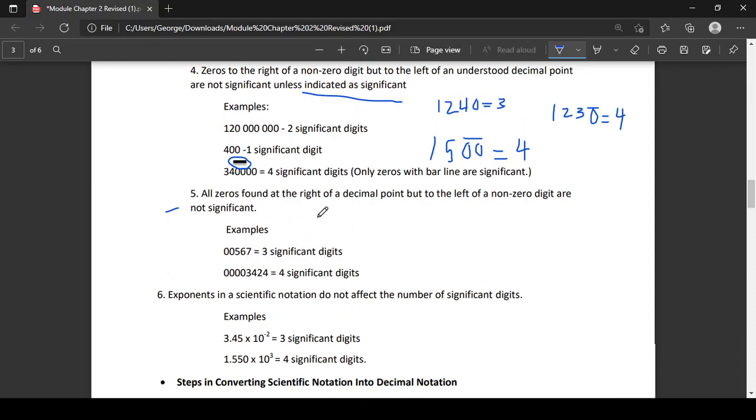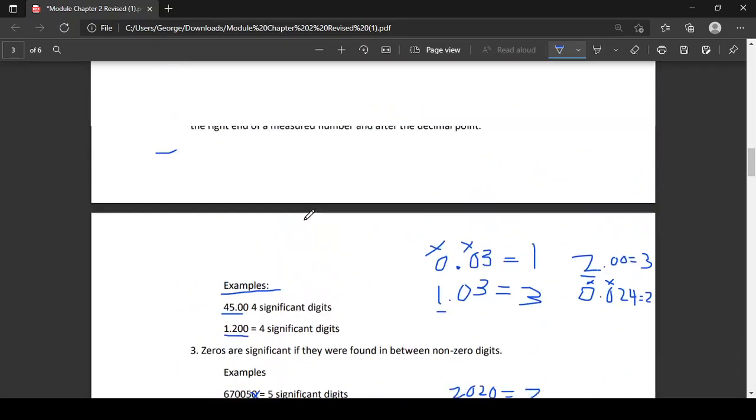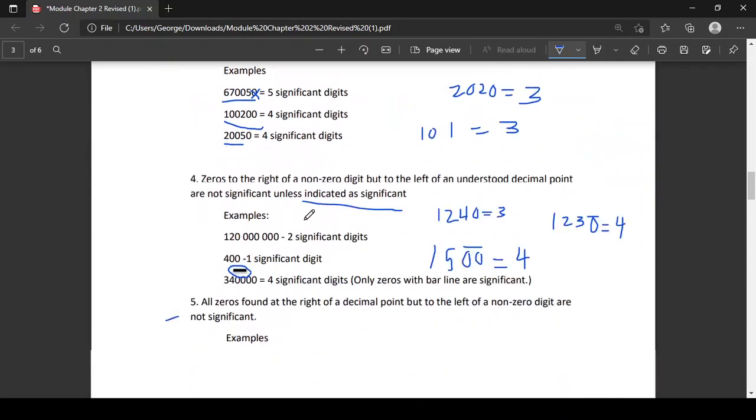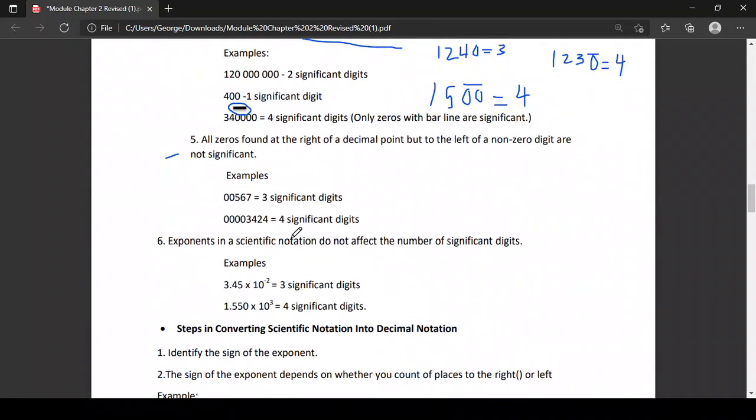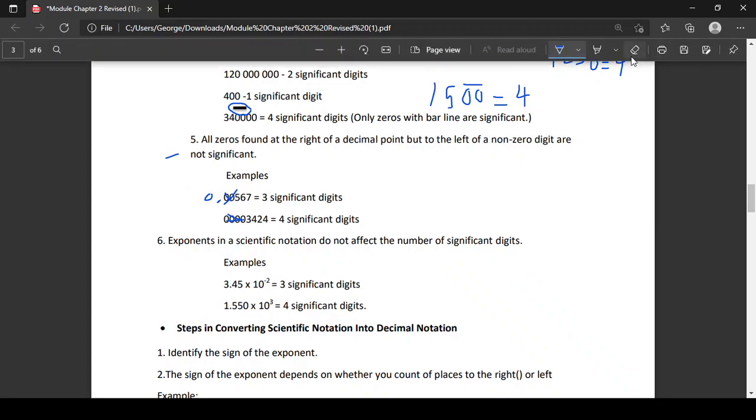Ang rule number 5, amo na to siya kagina, kids, in conjunction with rule number 2. If it is less than 1, kids, sa rule number 5 naton, ang mga zero sa decimal hindi na considered significant. Rule number 5, let us read again.